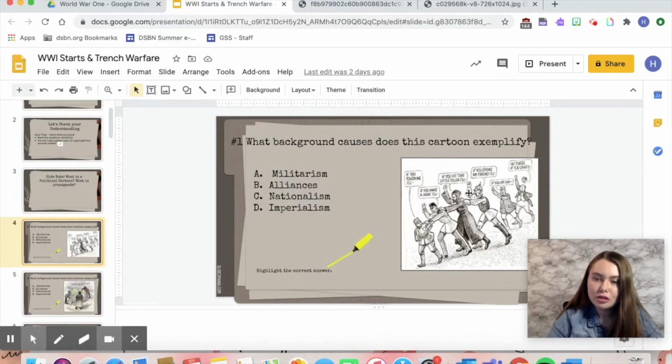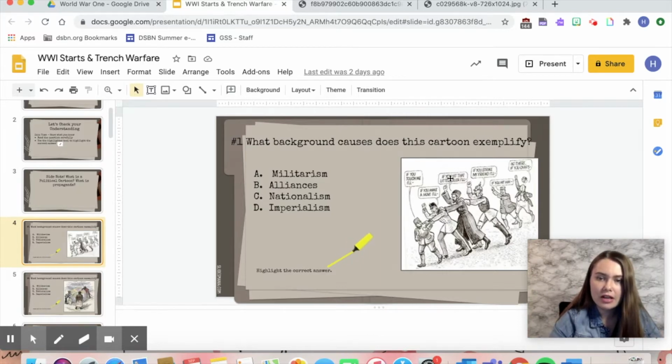Political cartoons usually poke fun at something. They're very satirical. So it's kind of like making a joke, but a very educated joke. They tend to exaggerate a lot of features and items to help get their specific point across. And again, it's also usually very one-sided in what you're seeing.